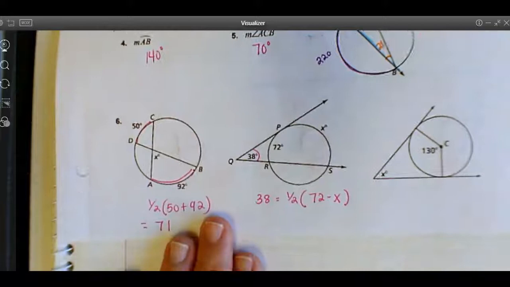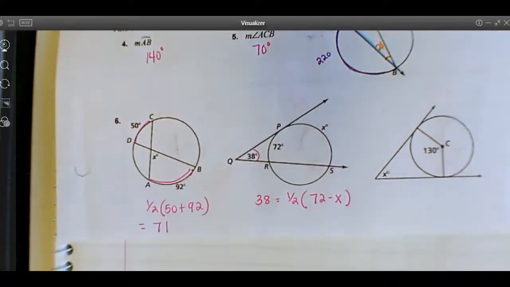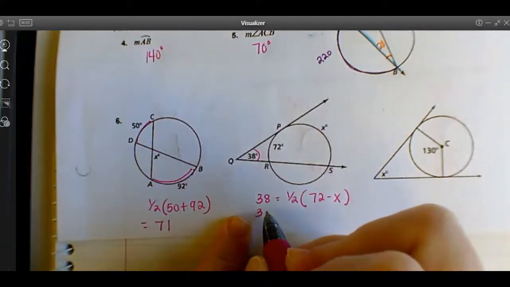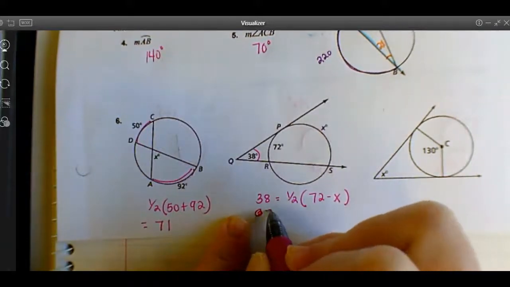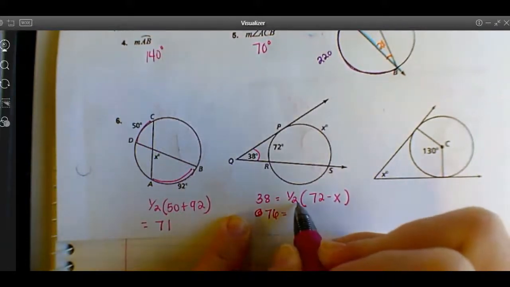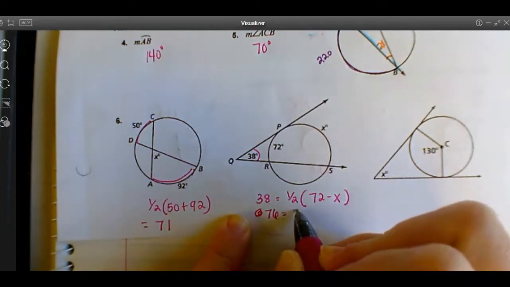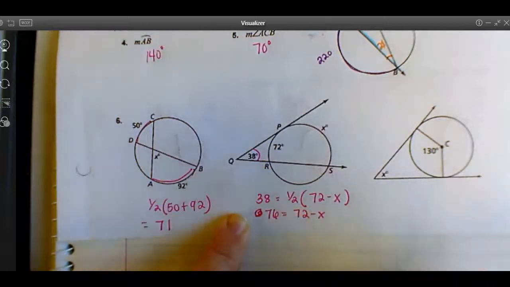So we actually have to solve that equation. Since they gave us the angle, that's kind of where we're coming from there. So I would multiply by 2 first, I think. When you multiply by 2 on both sides, that gives you 76. And it makes all that go away.